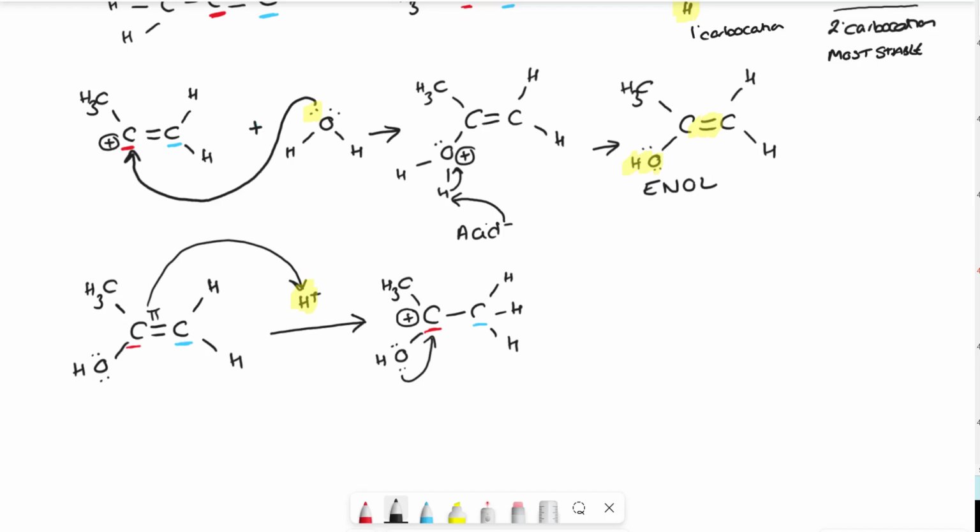And this is a step that goes back and forth, back and forth, okay? So it's an intermediate, it's happening very, very quickly. So we're going to show it in square brackets, and we're going to show these two things can flip back and forth. It's not stagnant.